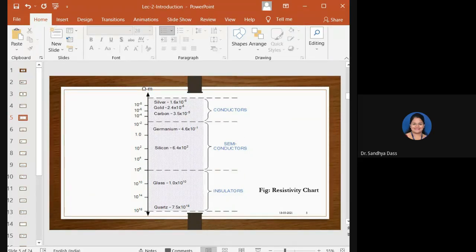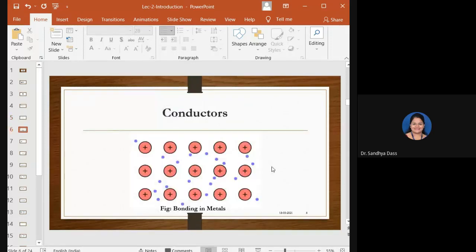This low value allows them to easily pass an electrical current due to plenty of free electrons floating about within their basic atom structure.